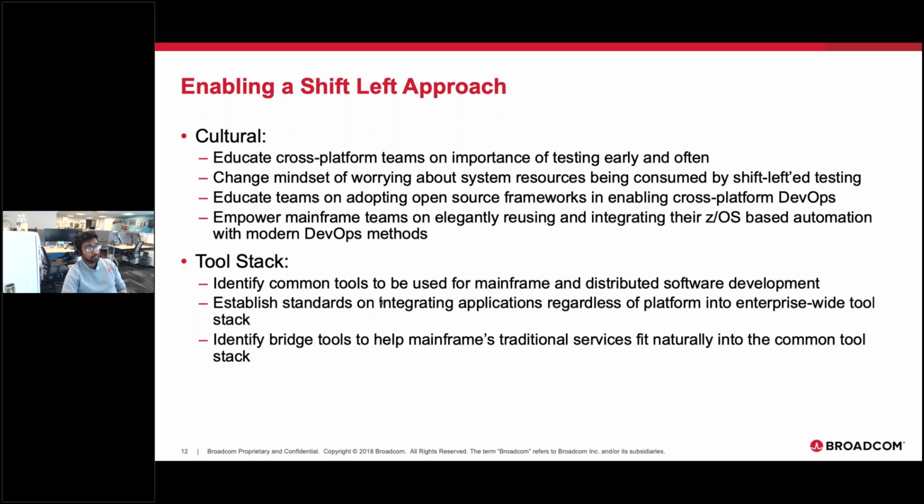And that can really only happen if there's some commonality in the tools used to implement DevOps across platforms. A key to doing that is identifying bridge tools that help tie mainframe's traditional services in, making them fit naturally into the common tool stack you've chosen for DevOps.